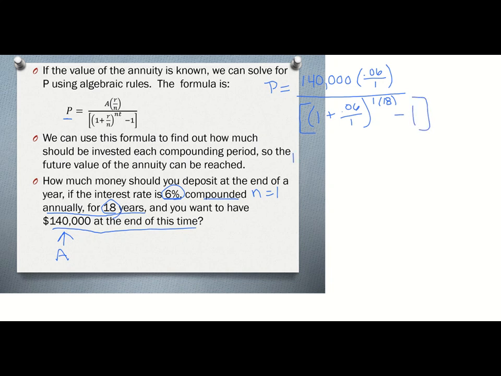Okay, so when we do this, we're going to do the top: 140,000 times 0.06 divided by 1, so it's 0.06 because anything divided by 1 is itself. So I'll do my 140,000 times 0.06, and I end up with 8,400.